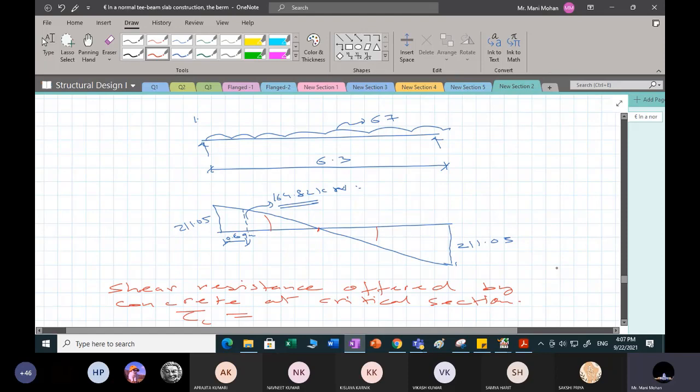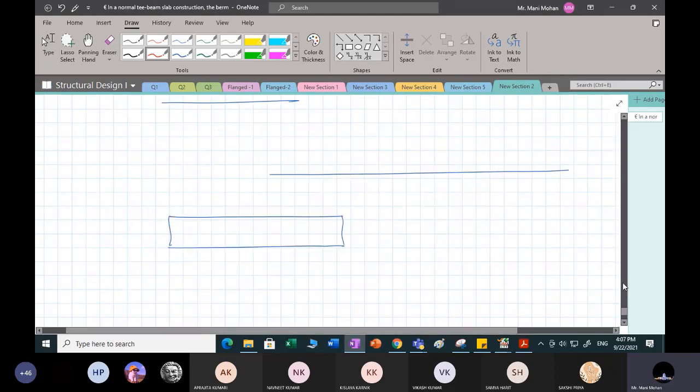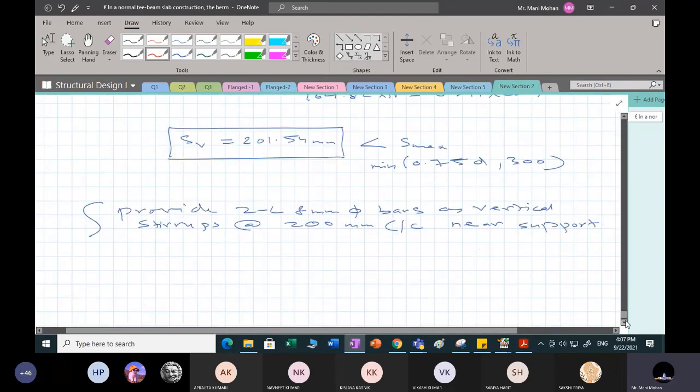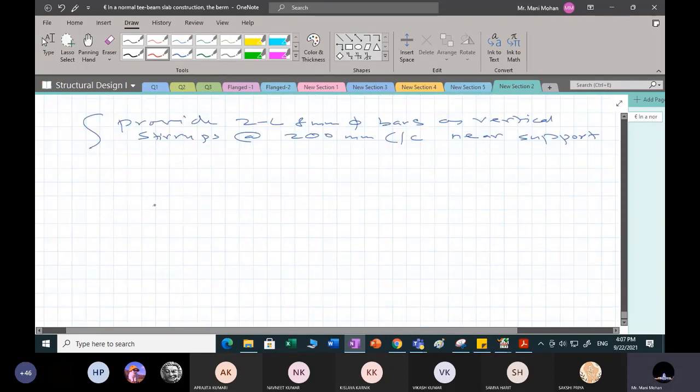So if you want economy, what I will suggest, you compute the shear resistance which is going to be offered due to minimum shear reinforcement. This is one additional calculation which I'm going to do to go with economical design of my stirrups, or economical distribution of my stirrups along the span of the beam.